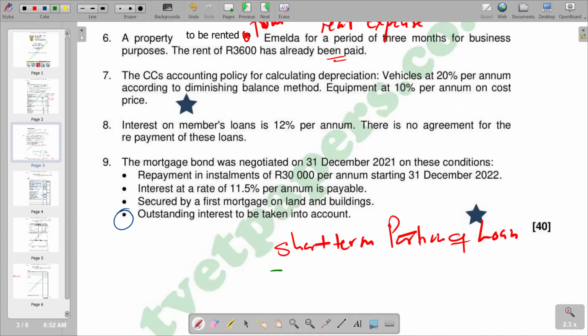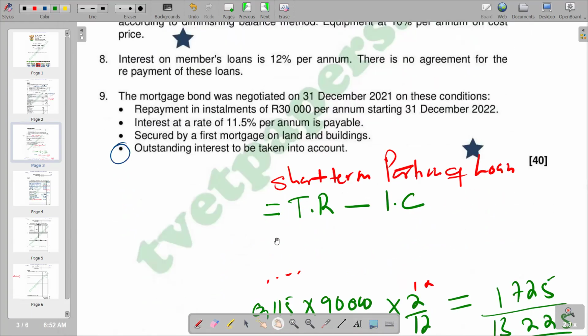this is equal to total repayments minus interest capitalized, of which we have already calculated our interest capitalized is 1,725. So we are saying 1,725 is our interest capitalized.